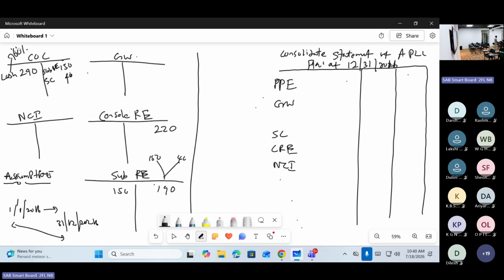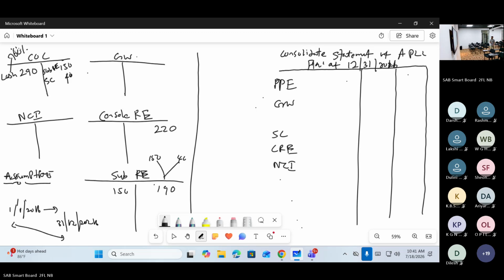What is the NCI book value? Take the fair value; we assume the fair value is equal to the book value. What's the book value? As at the acquisition date, the net asset value is 190.